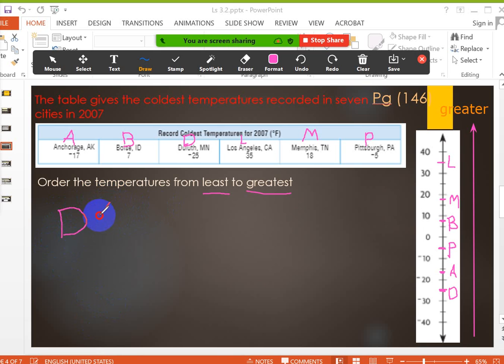Now, the number greater than D is what? It is A. That means A will be after D. And which number is greater than A?